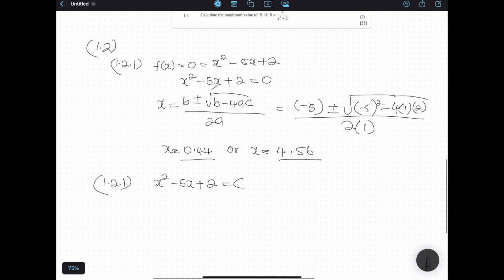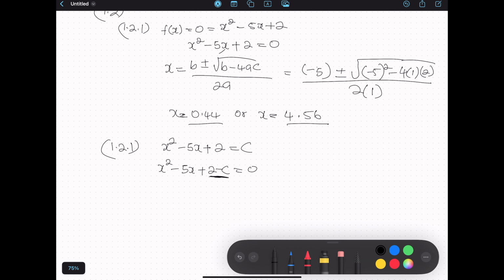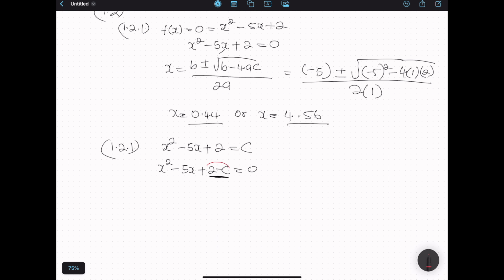So we simplify this to find those values: x squared minus 5x plus 2 minus c equals 0. So this whole thing is the constant that we have here. It is our c now.